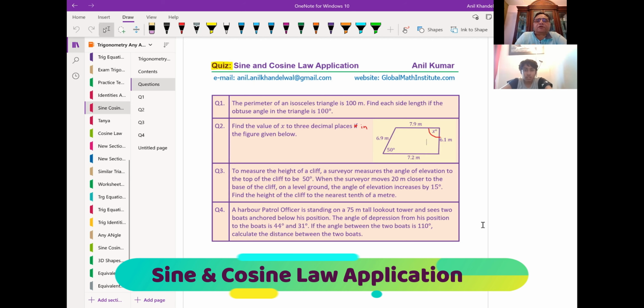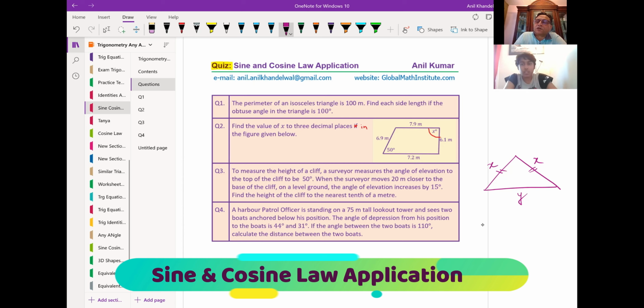Perimeter of an isosceles triangle. Isosceles triangle, you understand the keyword here? Two equal sides, right? So let us say these two sides are equal. Let's call them x, and the third side y. The perimeter of the isosceles triangle is 100. The obtuse angle in the triangle is 100.